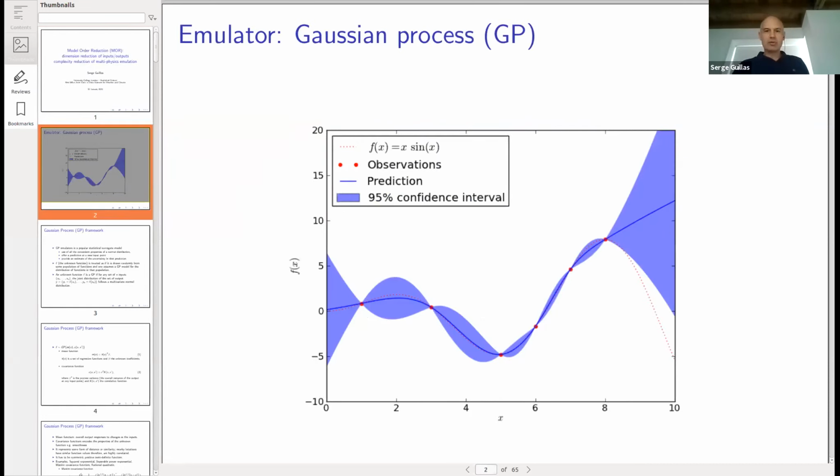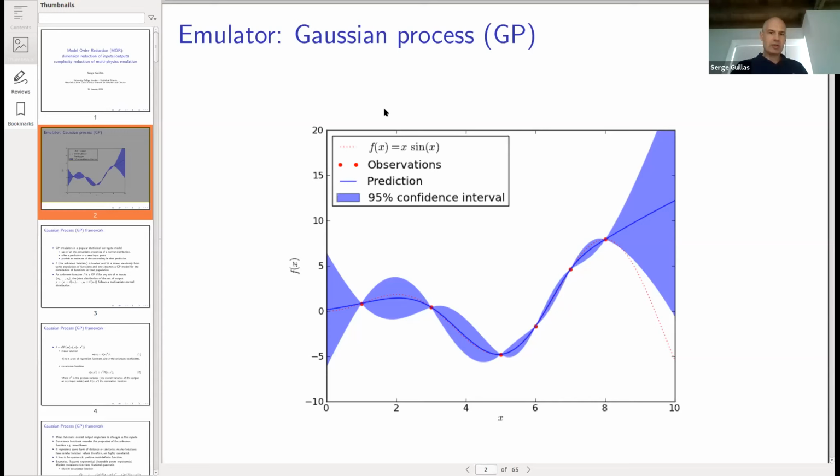So if we want to replace a computer model by a statistical surrogate, so a statistical object that mimics the input-output relationship, you can exercise the model at some values here, there, here, and then get an output and try to make inference about the actual input-output relationship from this computer model.